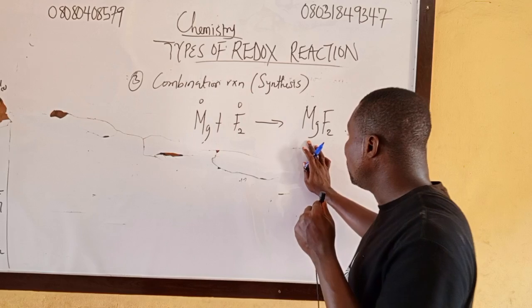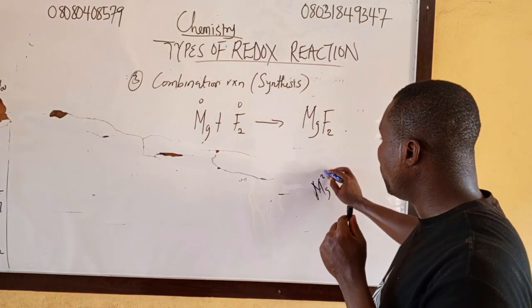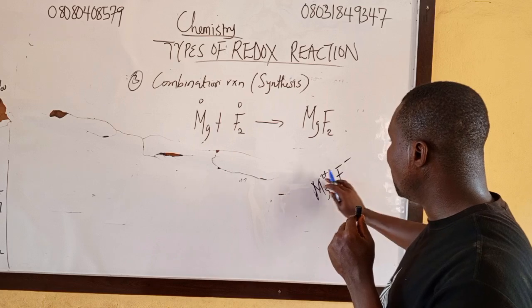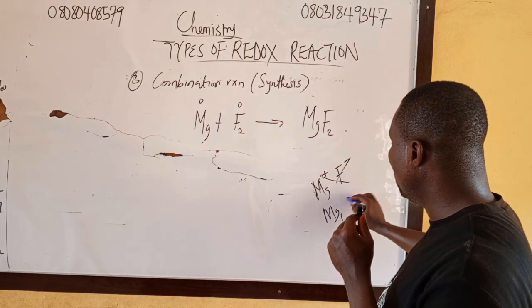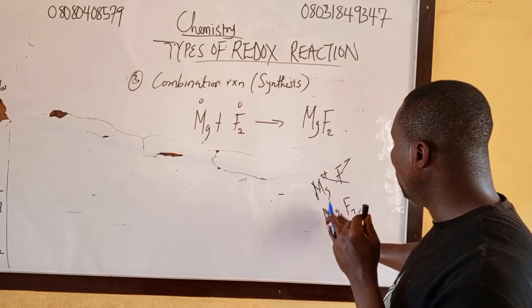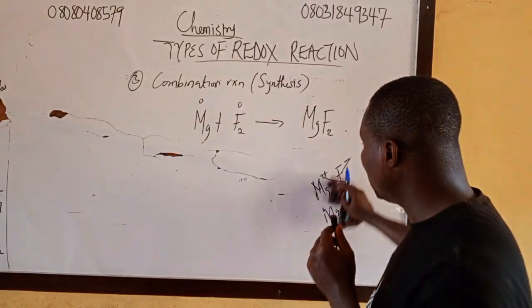In magnesium fluoride, that means magnesium 2 plus and fluorine minus. These two belong to magnesium, take note of that.